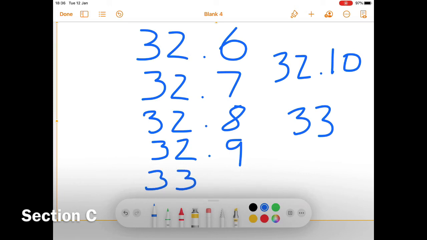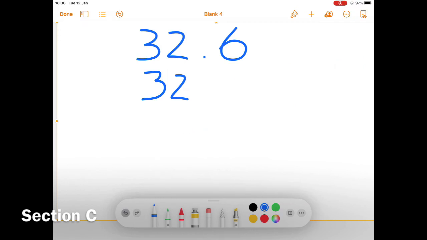It's going to be 33 because 32.1 would be 32 and 1 tenth, which is smaller than 32.6. Okay, so once you get to 32.9, if you're counting in tenths, it would move up to 33.